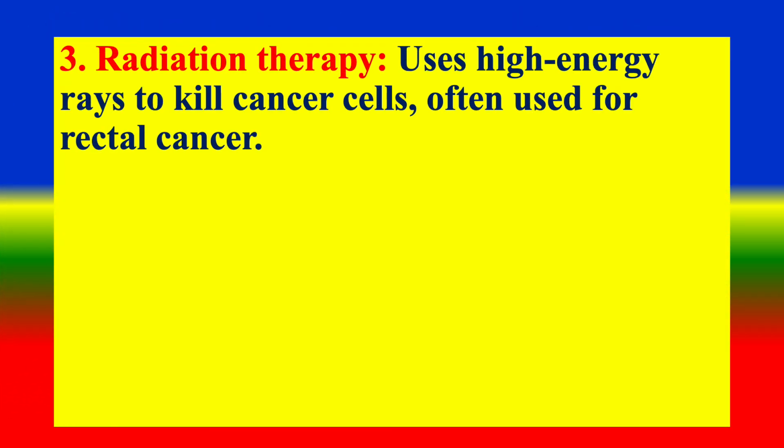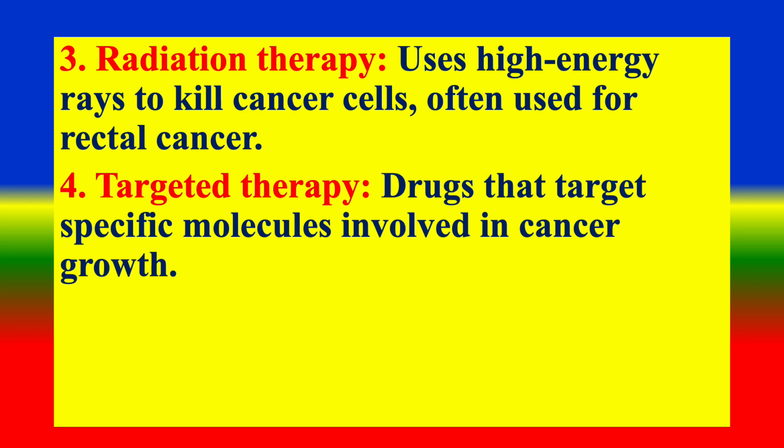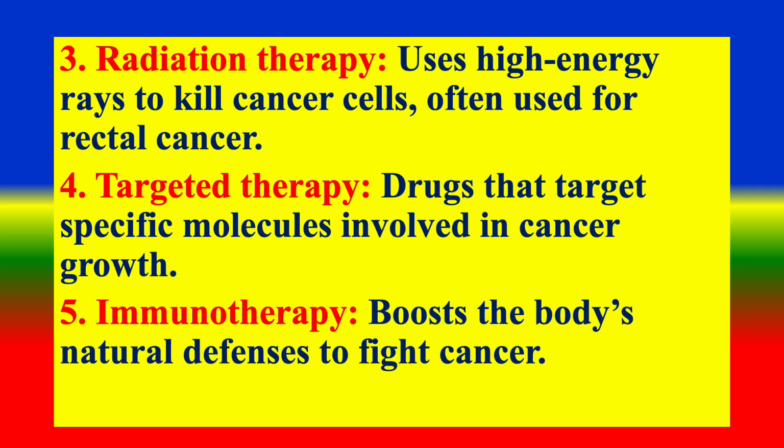Radiation therapy uses high energy rays to kill cancer cells, often used for rectal cancer. 4. Targeted therapy, drugs that target specific molecules involved in cancer growth. 5. Immunotherapy boosts the body's natural defenses to fight cancer.